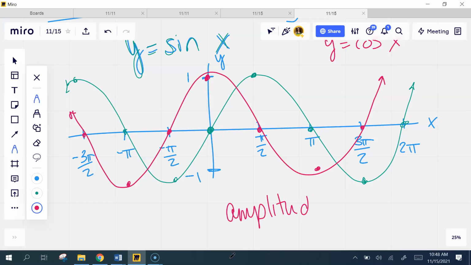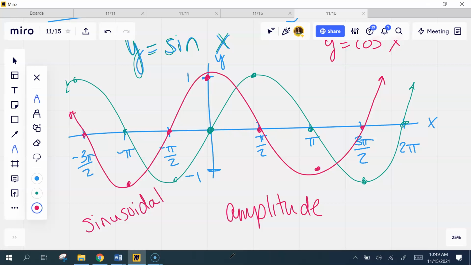Every sinusoidal graph, which is any cosine or sine, cosecant or secant graph, but the sine and the cosine graphs have amplitude and their cofunctions.